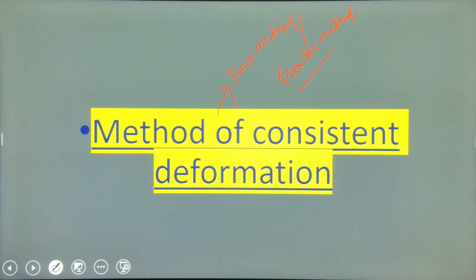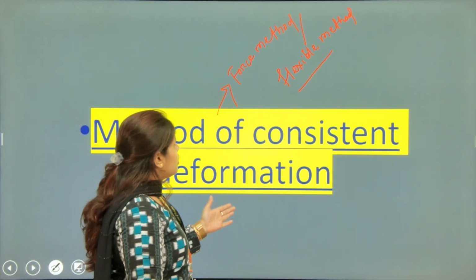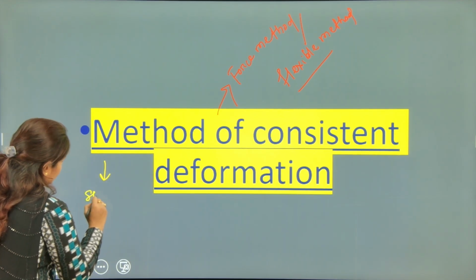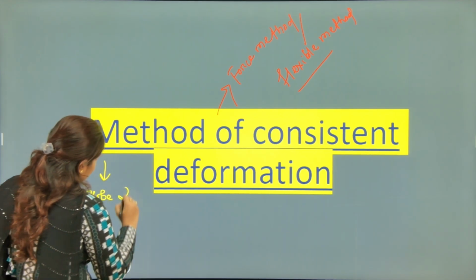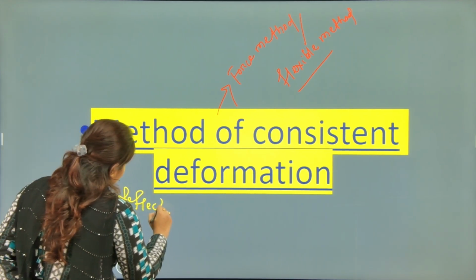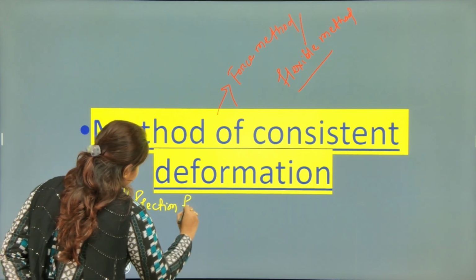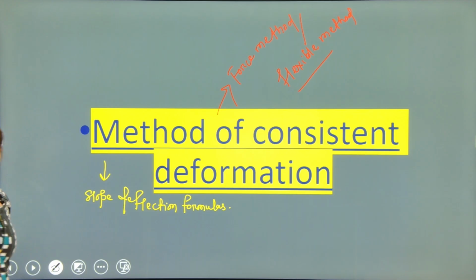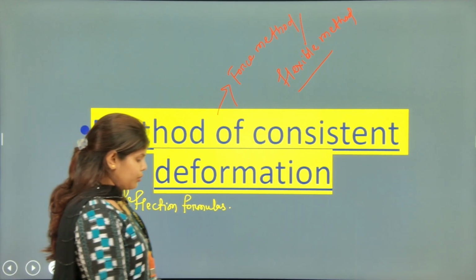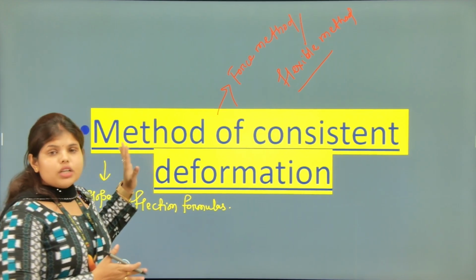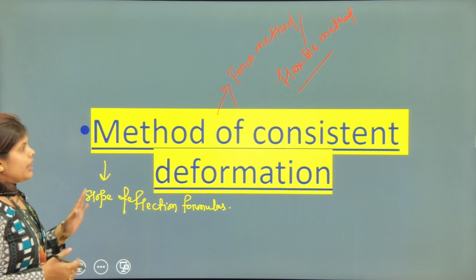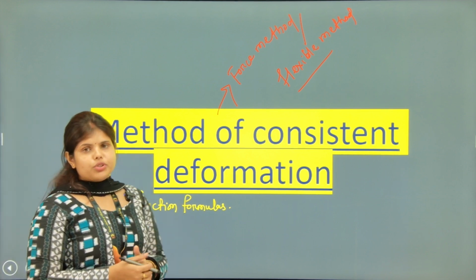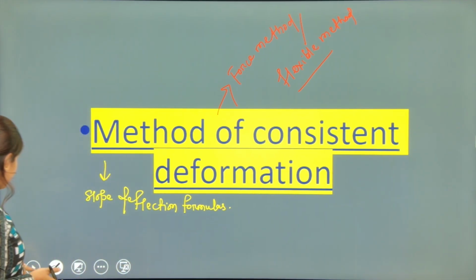This method of consistent deformation we can use with the slope and deflection formulas. To continue the process, we need some slope deflection formulas. In this method of consistent deformation, we will use a procedure step by step. Let's go for it.